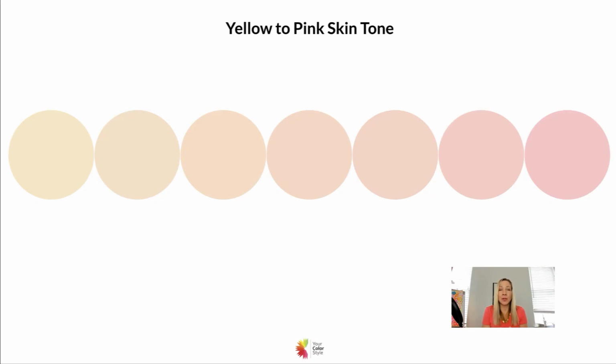Okay, so the first part of this video, we're going to talk about just understanding undertones and skin tone. And this is going to look very similar to the previous video I posted about skin tones, but we're gearing it now towards olive skin tone and dominant yellow skin tone. This is a skin tone chart that I shared in the previous skin tone and undertone video. And if you can imagine that there's no undertones to consider right now, just the skin color.